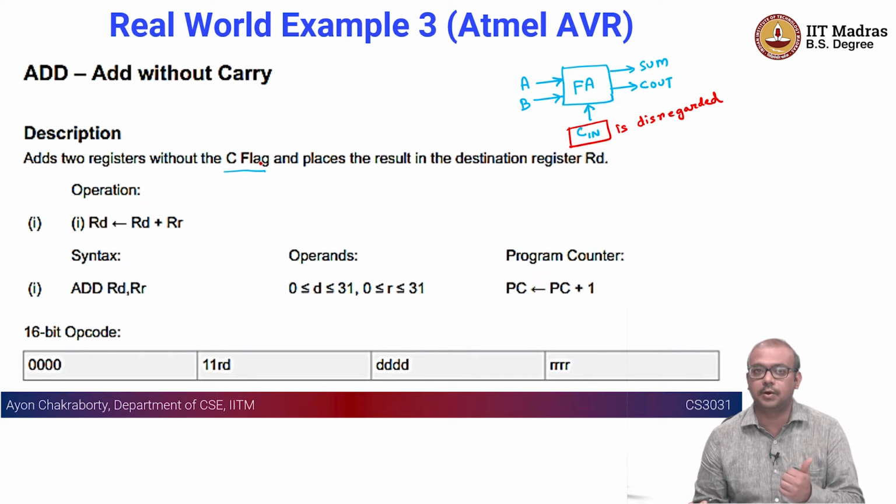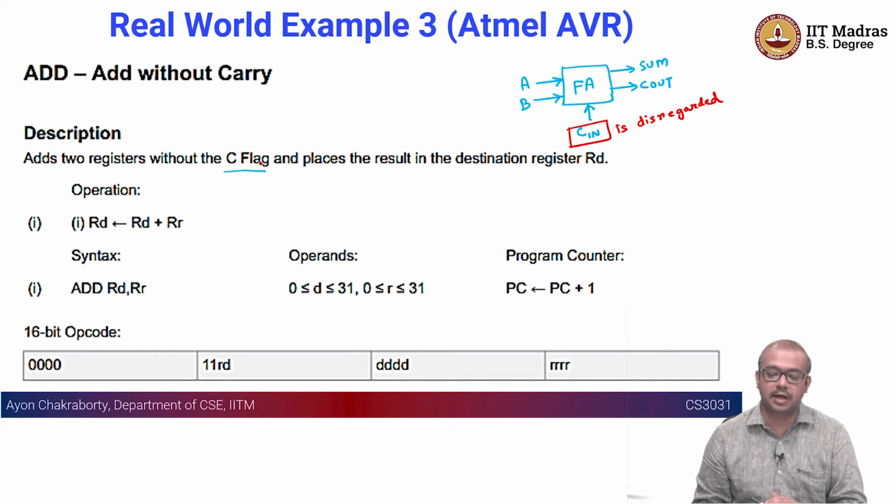A little while ago I talked about the status register, and now you can see how these things play a role. So if there was a previous carry from a previous operation, the carry flag could have been set, and this operation does not respect the previous carry. So we want to do an addition afresh. I don't want to influence my addition from a previous carry flag that has been set. It's a fresh addition.